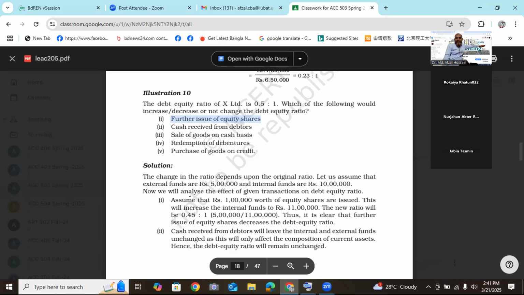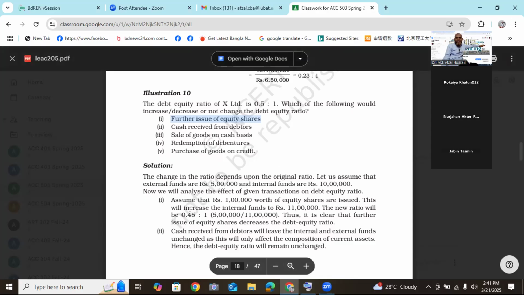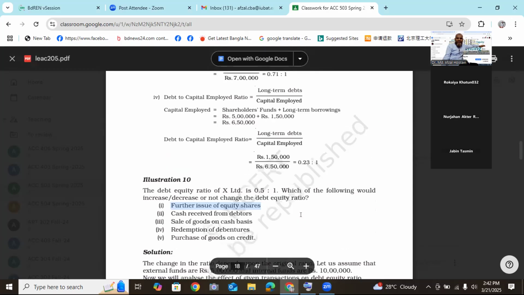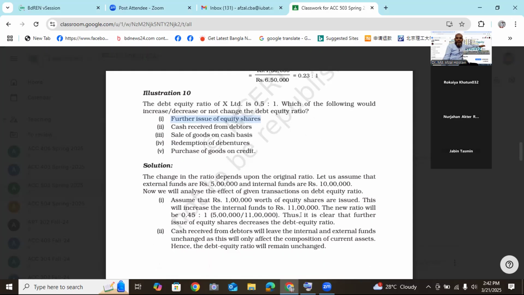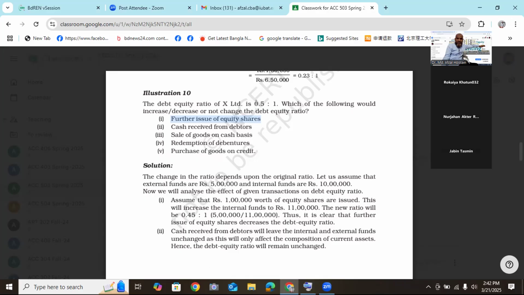So they give the answer: assume that 1 lakh worth of equity shares are issued. These will increase the internal fund. Earlier, let the external fund be 5 lakh, which is 50% of the internal fund of 10 lakh.